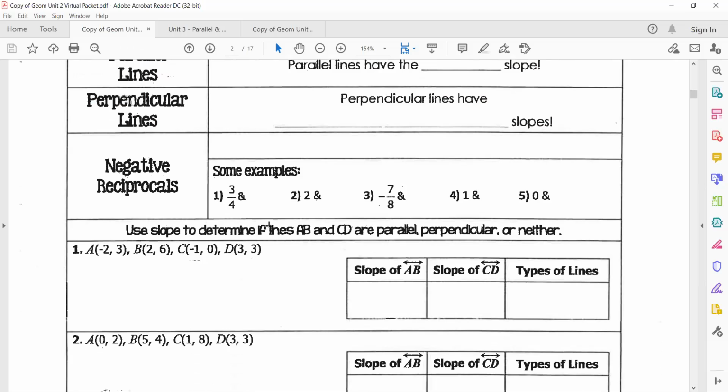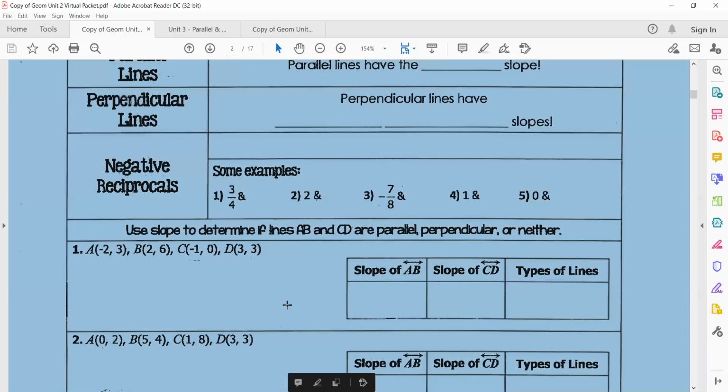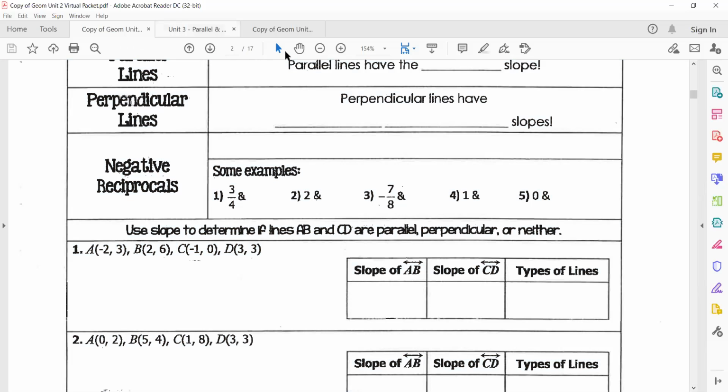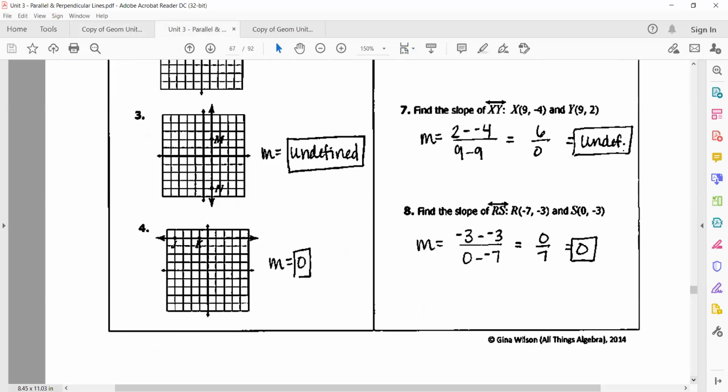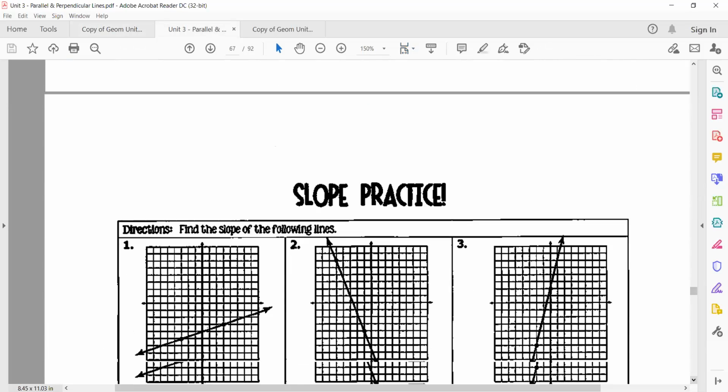So use the slope to determine if lines A, B, and C, D are parallel. So here's the first pair. That's line AB. That's one line. And the second line is CD. How do you know if they're parallel? You can graph them, but you really need to do the calculations.